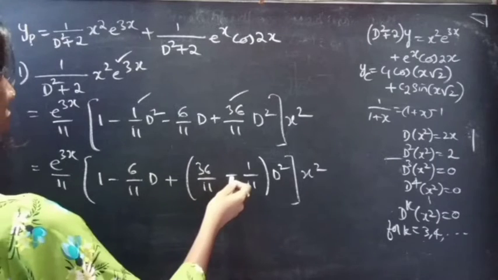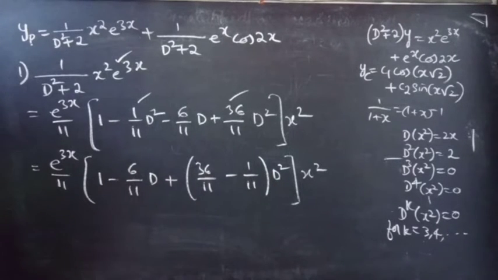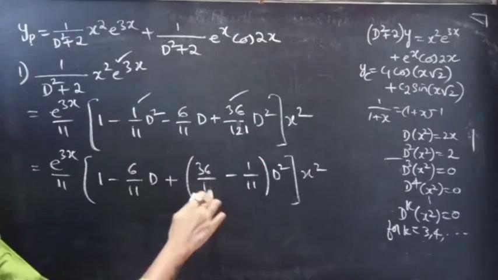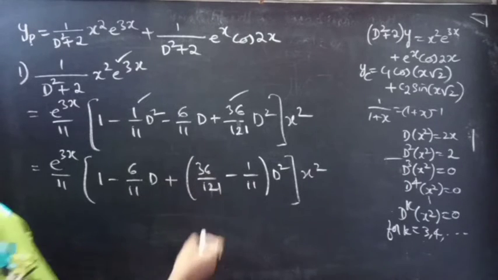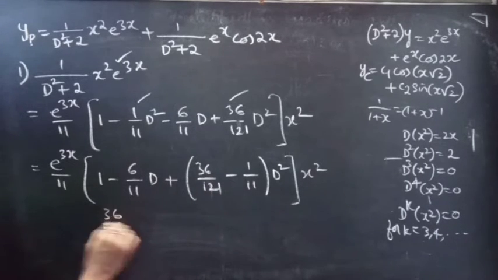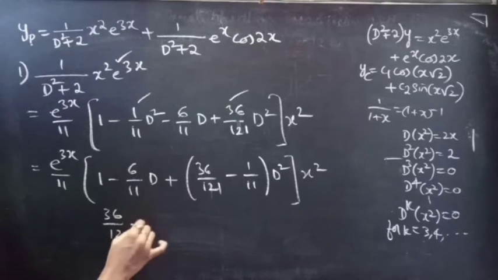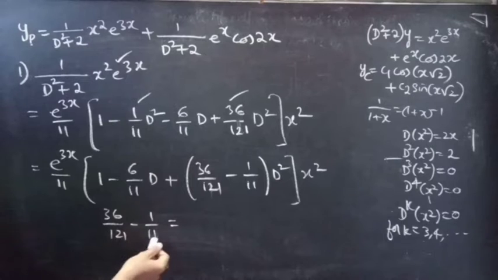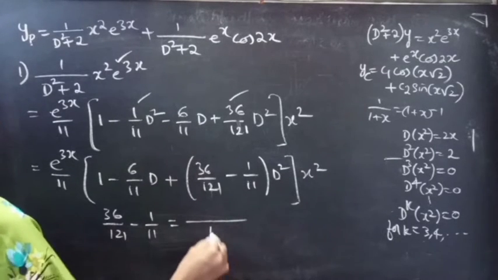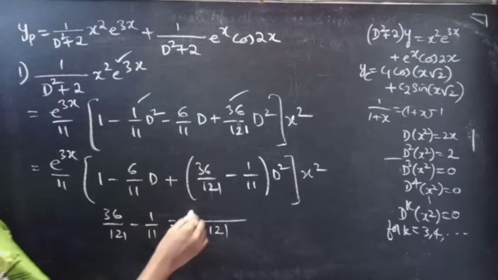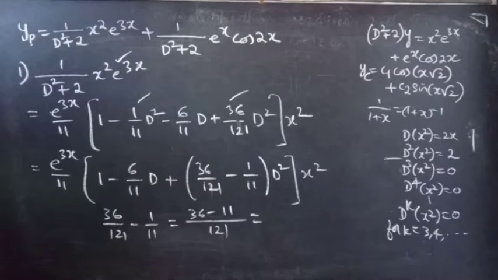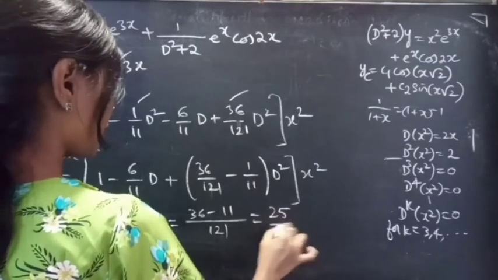Here you'll get 121, right? It's not 11, it's 121. Now simplify 36 by 121 minus 1 by 11. So LCM of 121 and 11 is obviously 121. In the numerator you'll get 36 minus 1 into 11, which is 11, which is equals to 25 by 121.